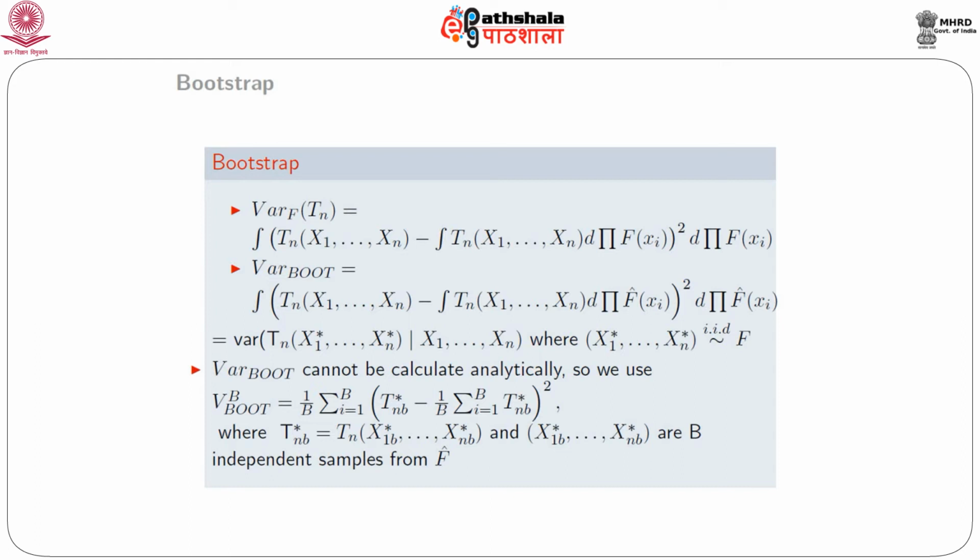The star here indicates that it is a bootstrap estimate, and then we find the variance of those bootstrapped estimates. So, that is 1/B summation b runs from 1 to B of (T_{n,b} star minus 1/B summation of T_{n,b} star) whole square, that is the mean square, and we get V_boot,B.